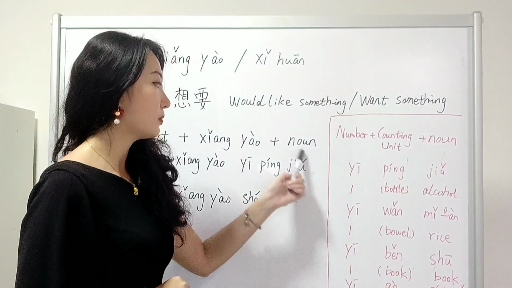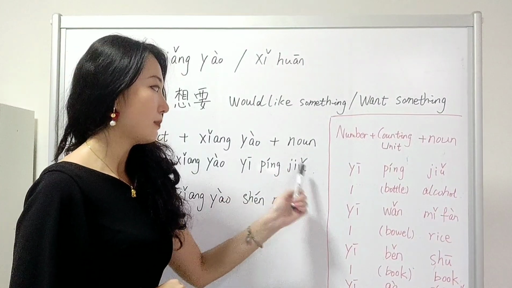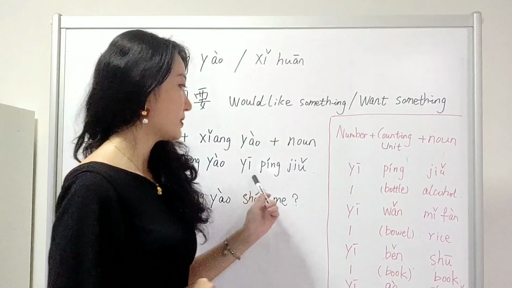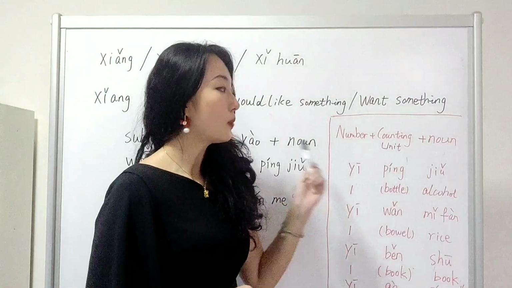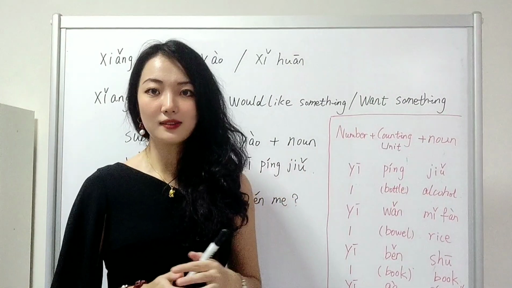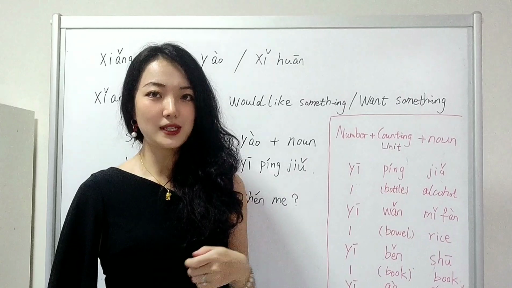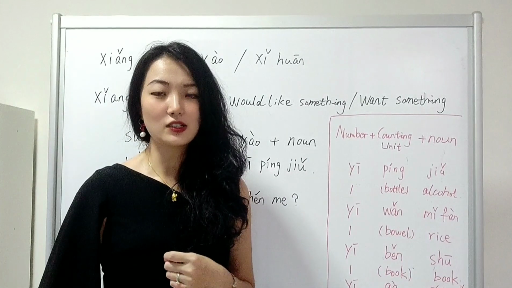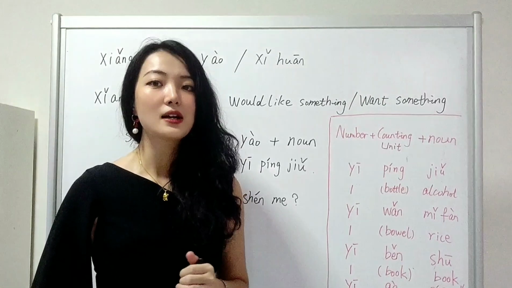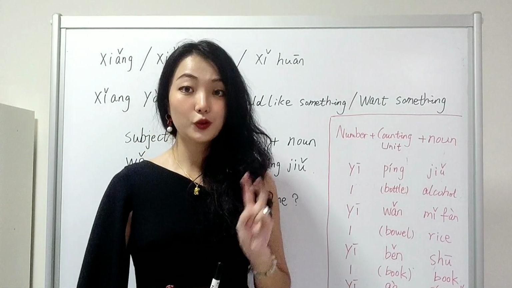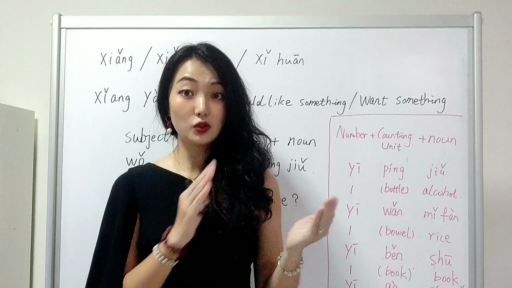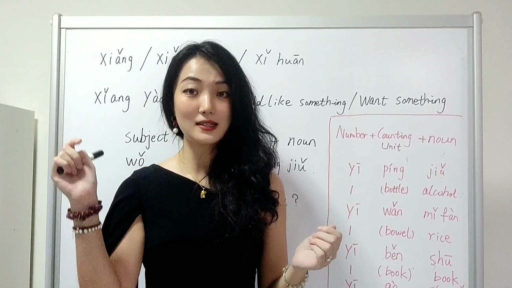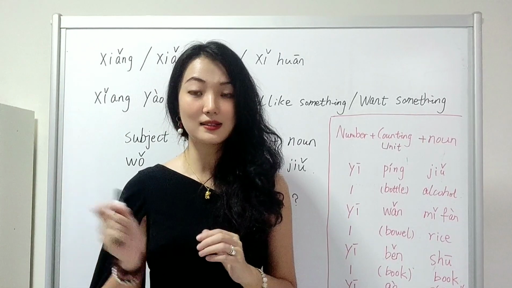So let's get more familiar with this type of description. If we want to count things in English, that's super easy. We just add es or s at the end to show its plural forms. For example, 2 books, we would just say 2 books with an s at the end.